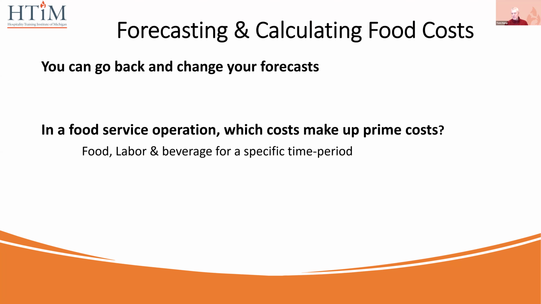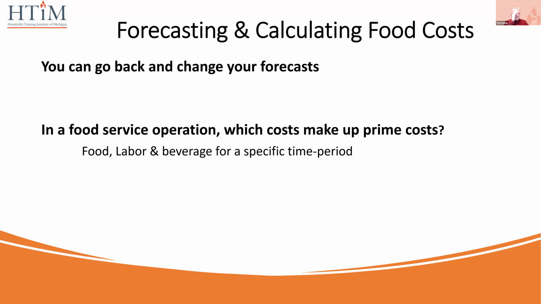There's a big number, though, that most restaurant organizations really need to keep track of, and it's called the food, labor, and beverage. We call it prime cost. That probably should be in capital letters. But food, labor, and beverage over a specific time is what we call prime costs.